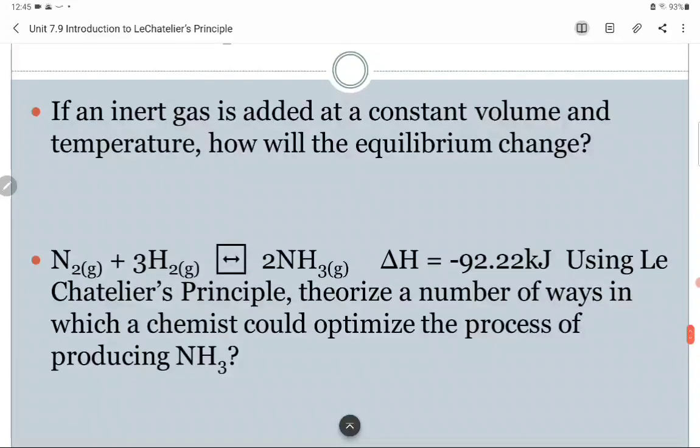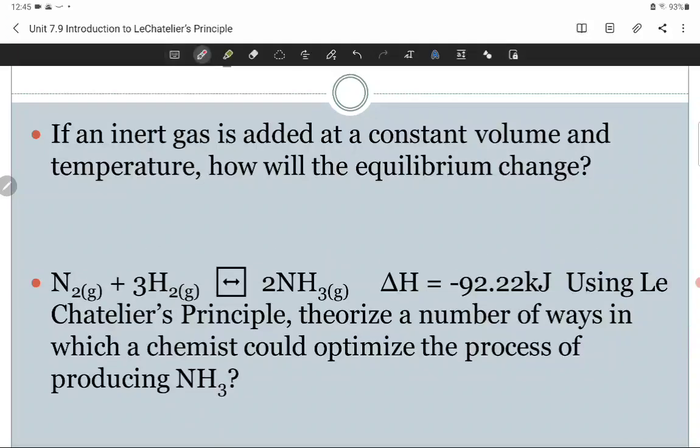Inert gases, same thing. They will have no effect. Okay. By the way, this reaction, now, it's just a chemical reaction, but an individual named Fritz Haber, H-A-B-E-R, or Haber, he was able to figure out how to manipulate this Le Chatelier's principle in a way that no one else was able to do before, and optimize this reaction to make a lot of ammonia.